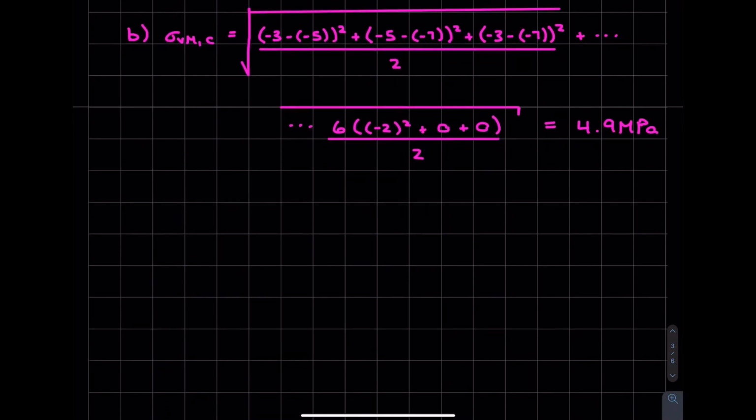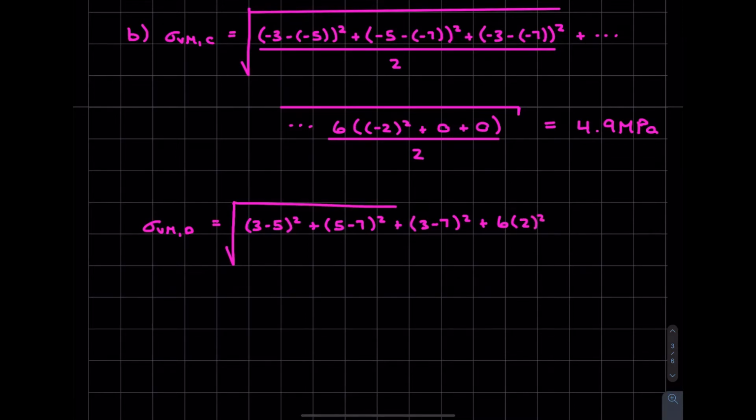We come down here and say, all right, Clayton, that's great. What about sigma Vm of matrix D? Again, it has all the same components, except they're not negative anymore. They're all positive. So the first one's going to be 3 minus 5 squared, plus 5 minus 7 squared, plus 3 minus 7 squared, plus 6 times 2 squared.